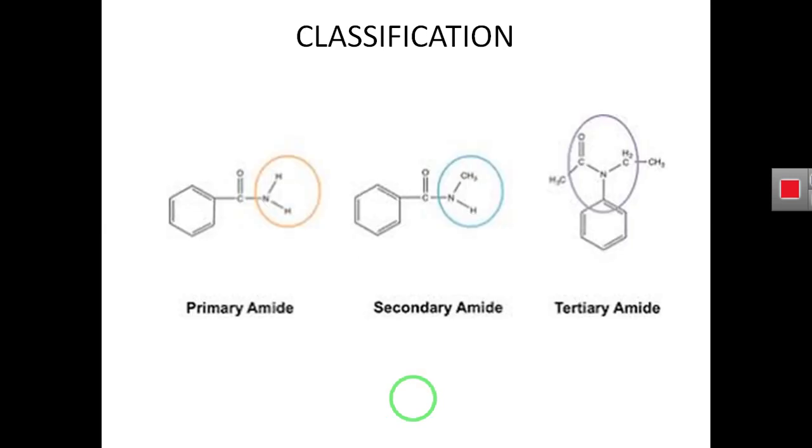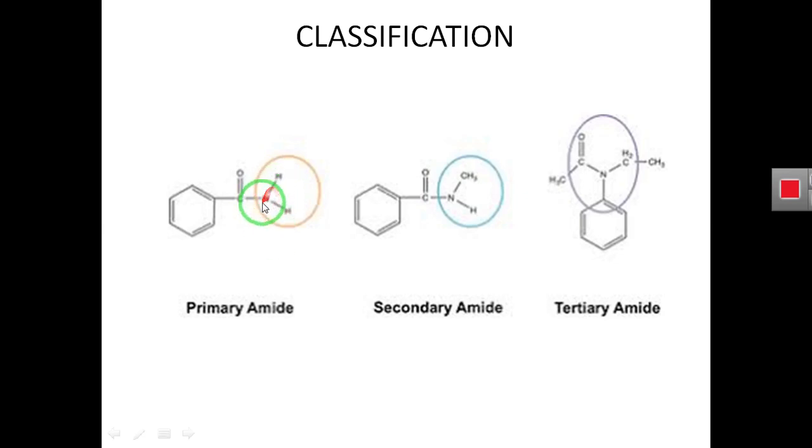So amides can be classified into three main types: primary amides, secondary amides, and tertiary amides. Now we will see how we classify them as primary, secondary or tertiary amides. These amides are classified into three different types on the basis of the number of carbon atoms that are attached to the nitrogen atom of the amine group.